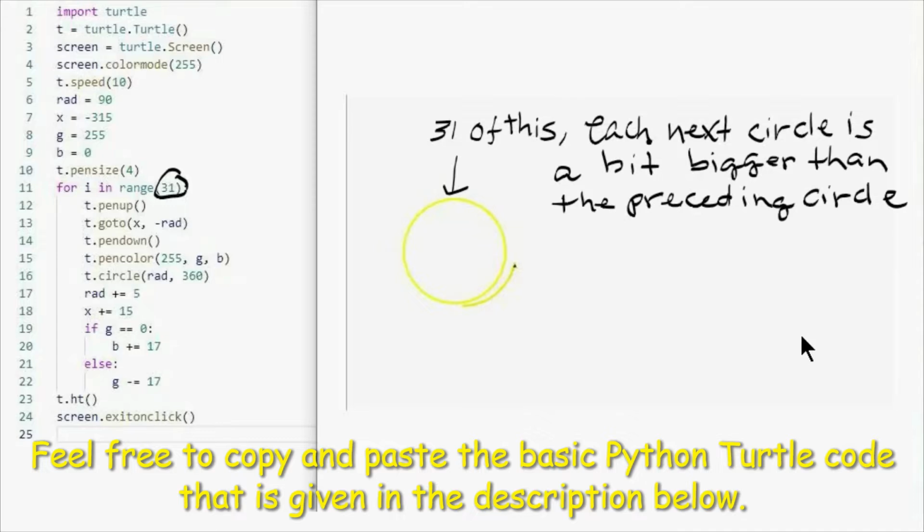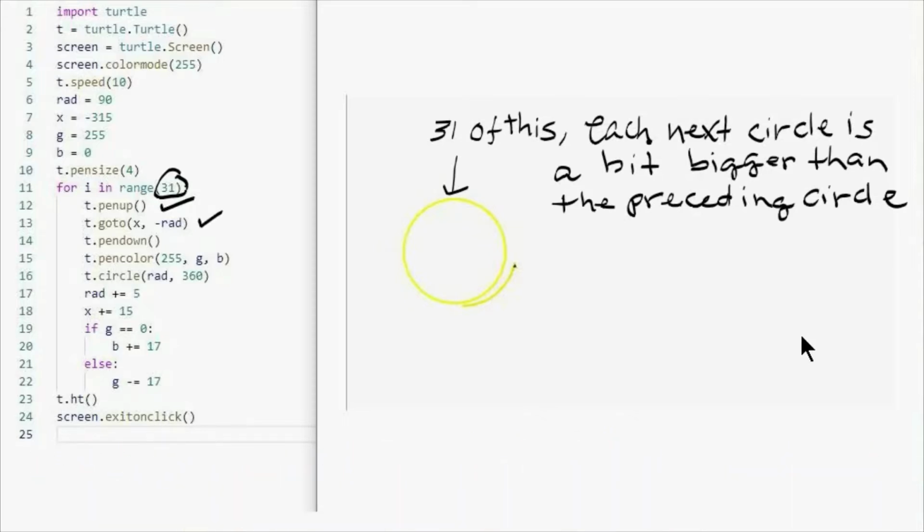How do we start drawing the image? We first lift our pen up because I'm going to appoint. The point here is x, negative rad. The x, negative rad is right here. The value of x is given here in line number 7.